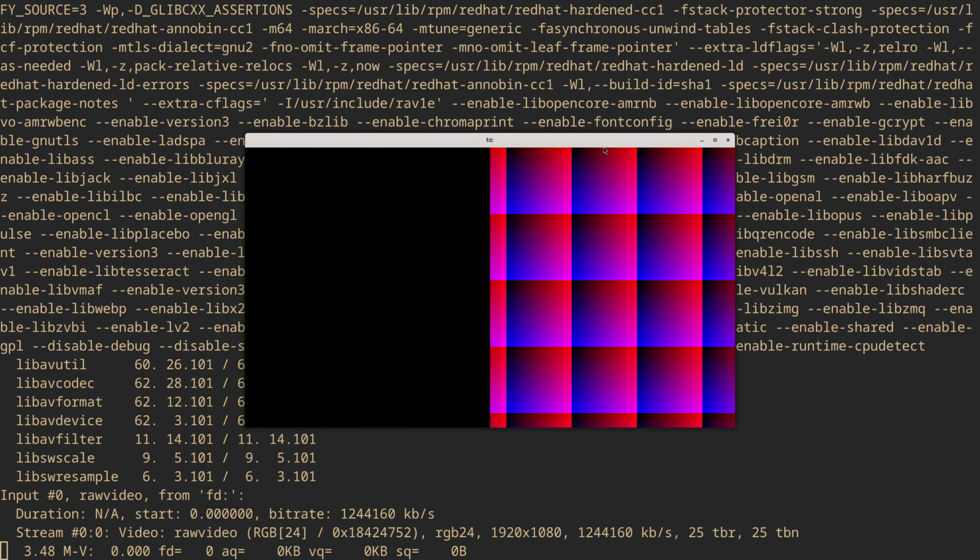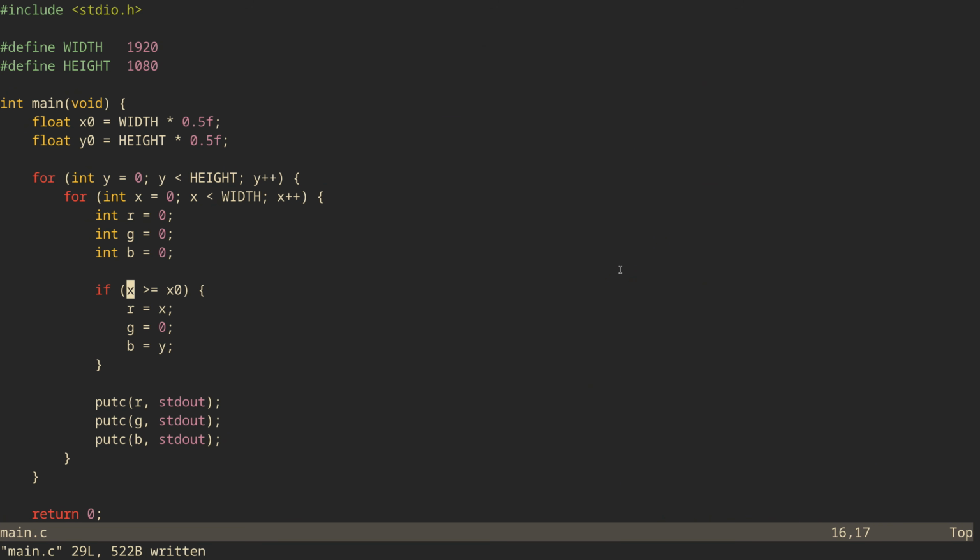Okay, so now we're only filling in half the screen because we're checking x greater than x0. We could also check y greater than y0.